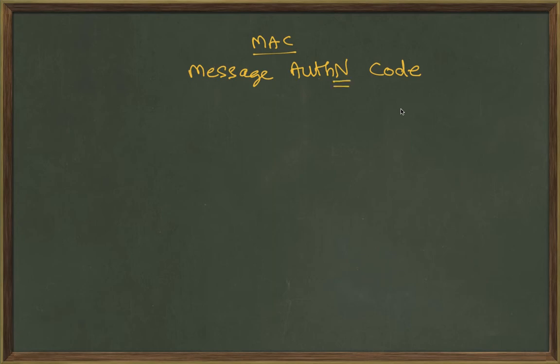Here I am using a simple notation, authn, to refer to authentication. So MAC means message authentication code. It provides both authenticity as well as integrity, whereas a typical hashing function provides only integrity.